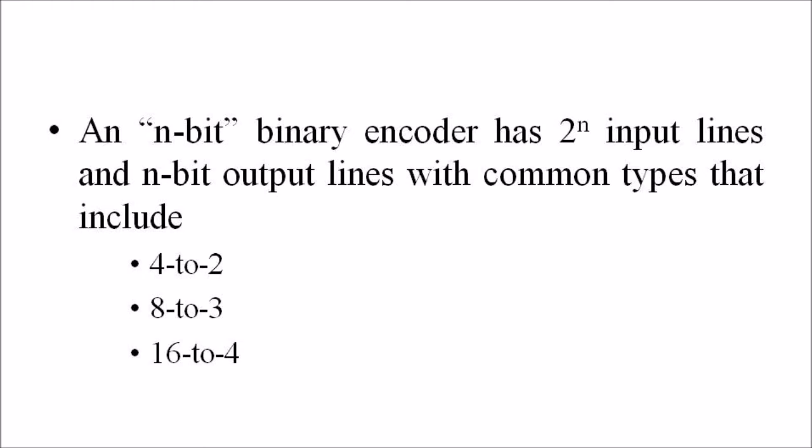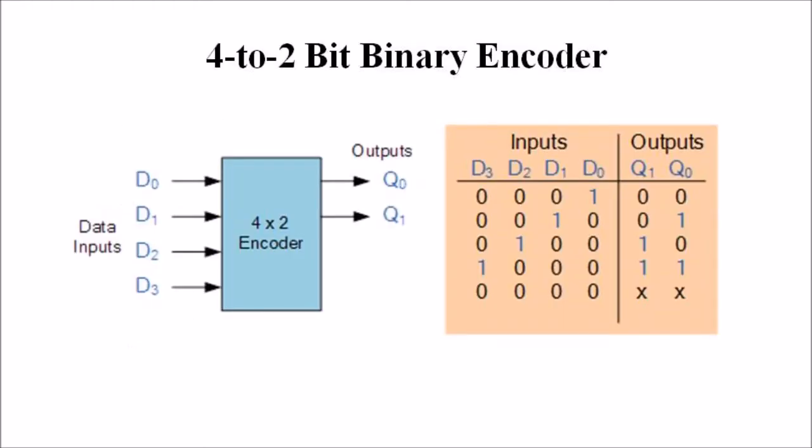When it comes to a 4 to 2-bit binary encoder, one of the main disadvantages of a standard digital encoder is that it can generate the wrong output code when there is more than one input present at a logic level 1.